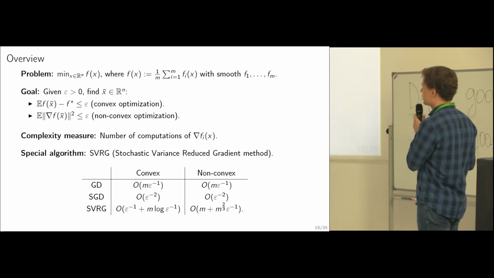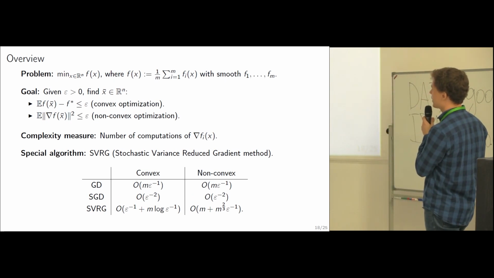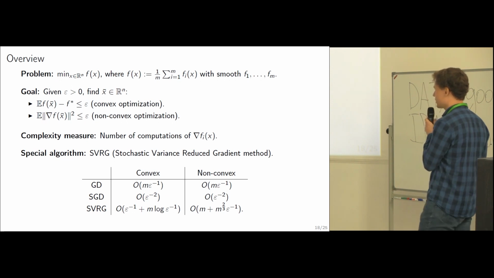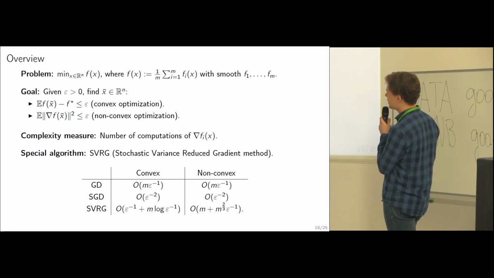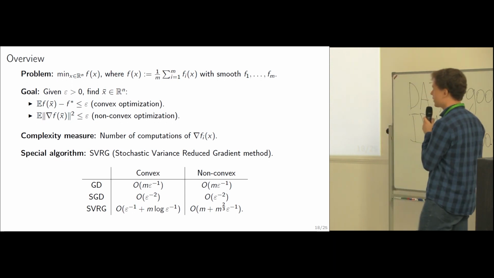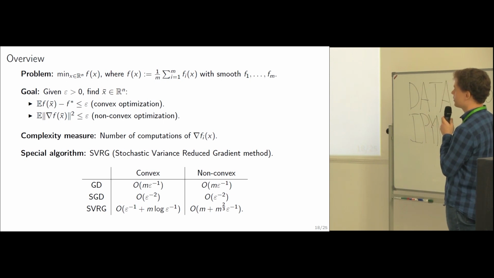For example, the logarithm of epsilon for any reasonable accuracy epsilon we wish to obtain is something like 5 or 10. And what this means is that for the complexity of this method, we need to compute this function f or its gradient 1, 2, or 5 times, say, and then we simply pay this epsilon to the minus first complexity.